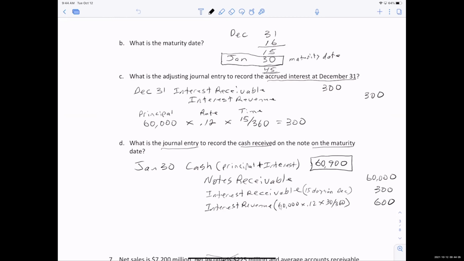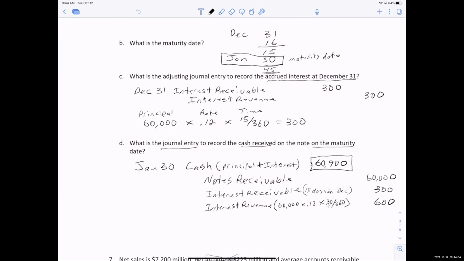Well, it's principal times rate times time. Okay, so the principal is 60,000. The rate is 12%. I'll just convert it to a decimal, 0.12, times a partial year, right? Because if it was 1 year, we just put 1 there and it'd be 12% of this, but it's a partial year, so we've got to prorate it.